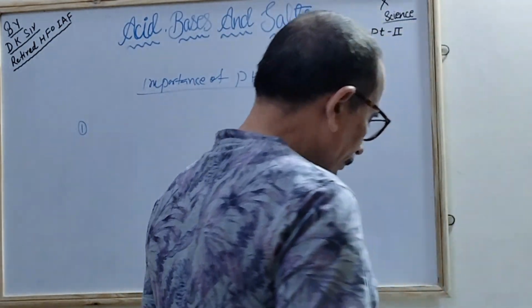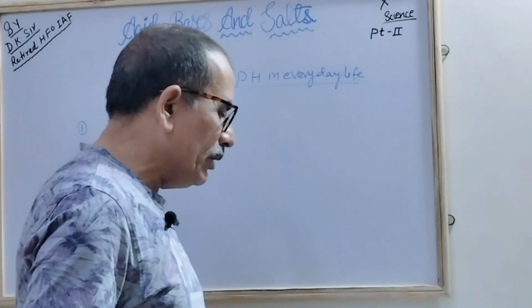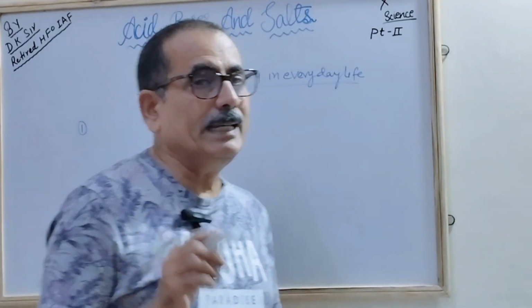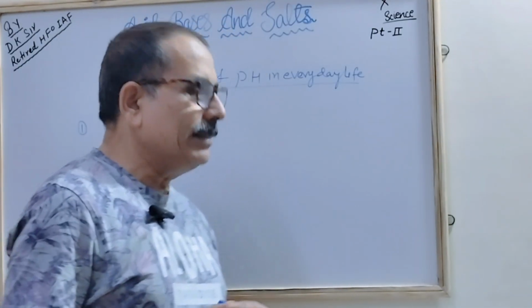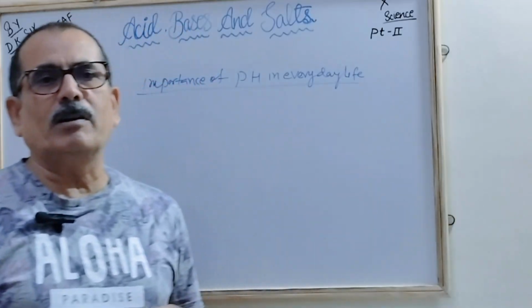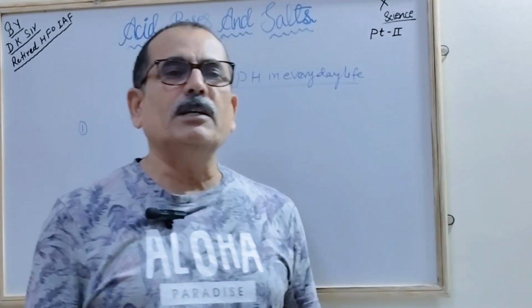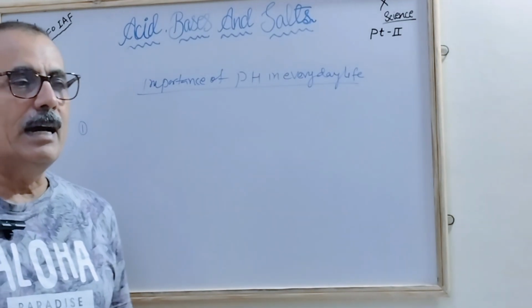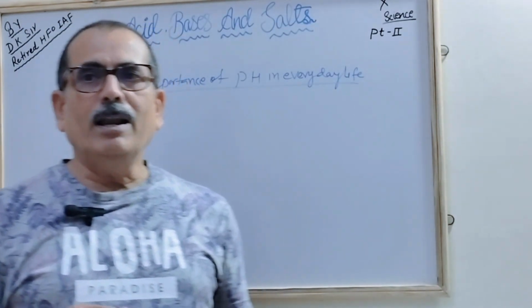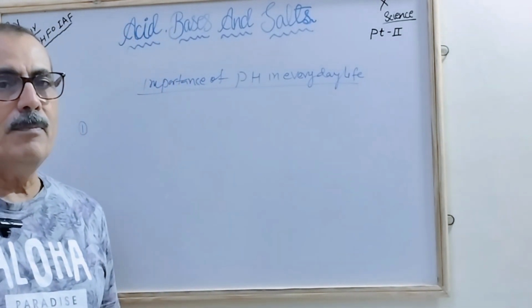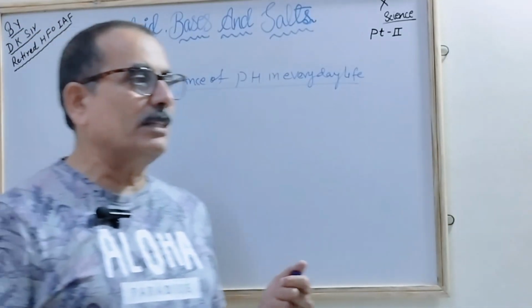Next, the pH change leads to tooth decay. I think we all take a lot of chocolate. Not we, I am certainly not taking it. But all of you children eat a lot of chocolate and toffee and do not wash. At a minimum, you must brush your teeth 2 times.